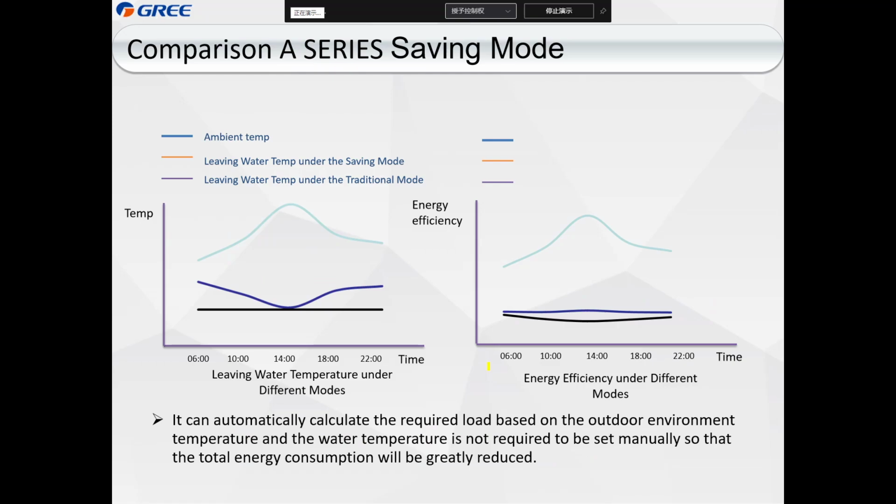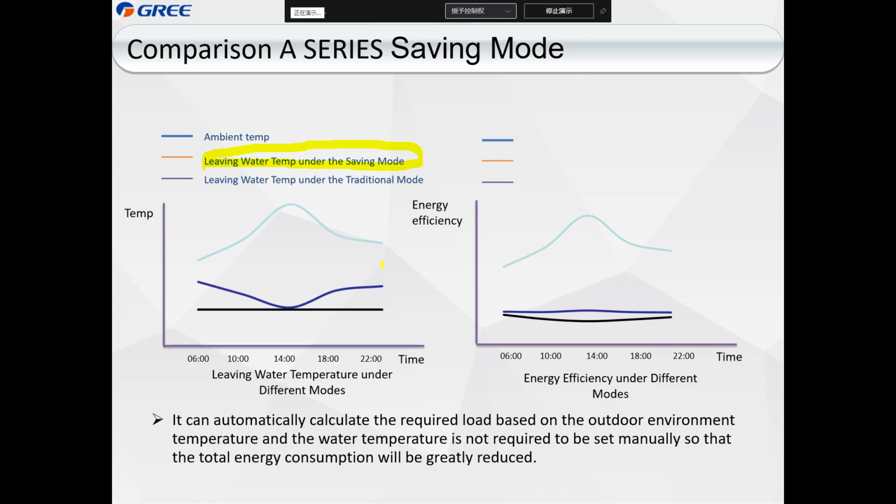And then next, I list why the A series can realize energy saving. You see here this curve: ambient temperature, living water temperature, and the saving mode.